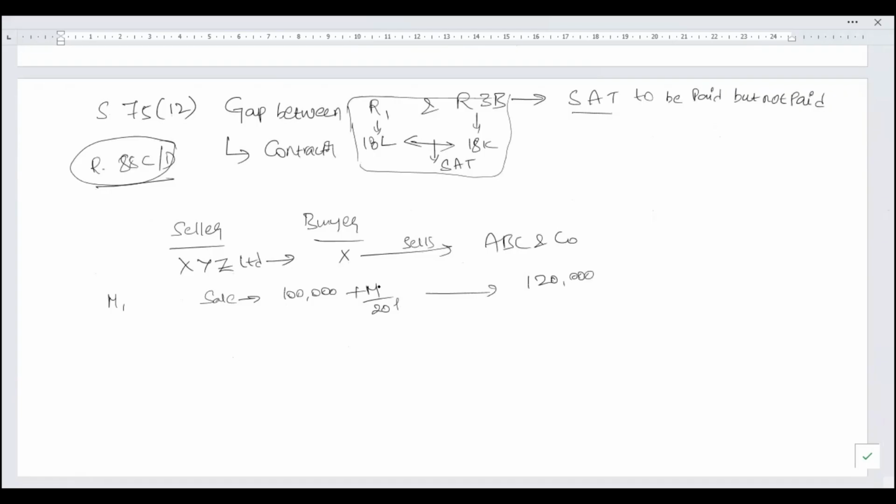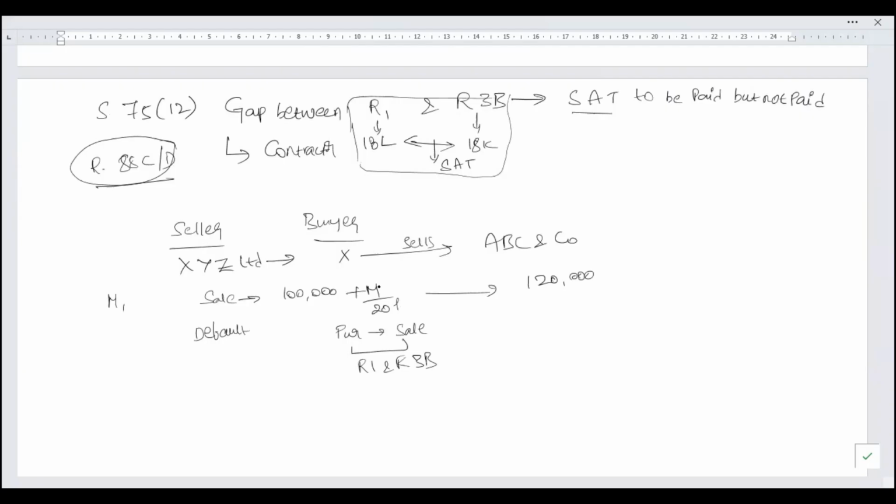Now, assuming that in month one, there is a default by the seller, XYZ Limited. But X made an entry of purchase, made an entry of sale. Both were disclosed in GSTR1 and R3B properly.